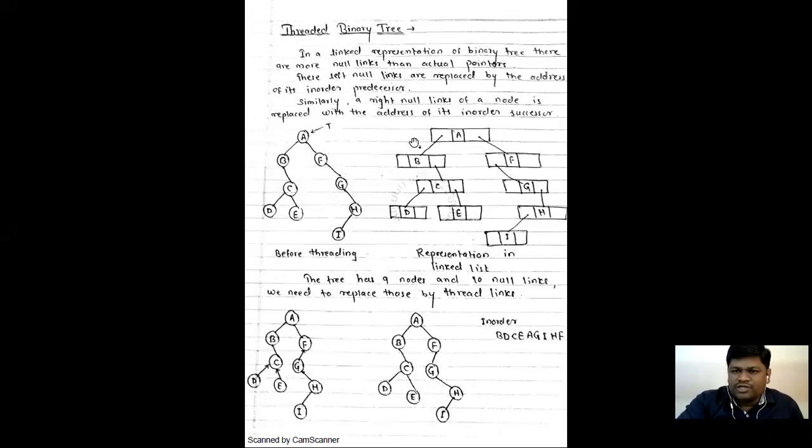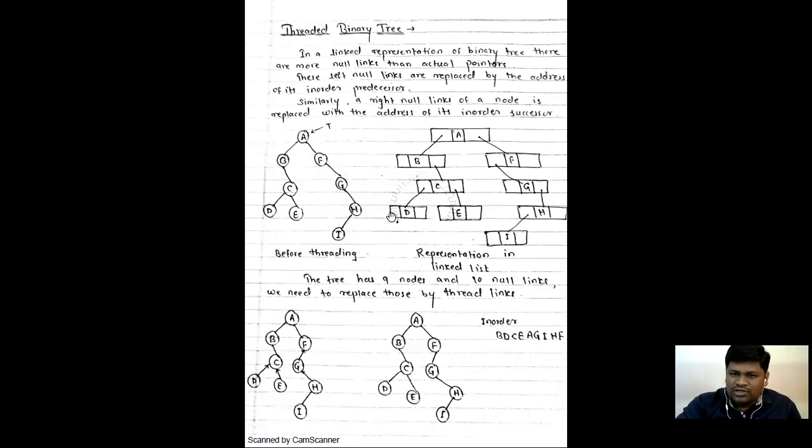Now the normal pointer, how is the normal pointer represented? Our normal node in the binary tree is represented by using a linked list. So first is the data. After that, the left link, and after that, the right link. Are you getting what I am talking about? Left link and right link, right?